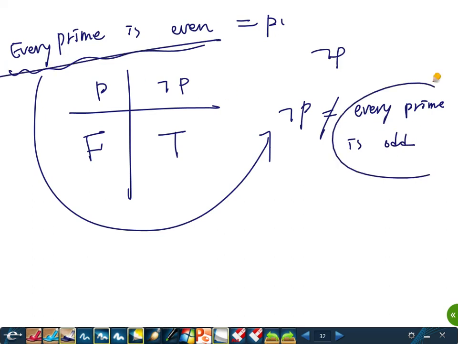This is false, and that is also false, but it's okay because it's not the negation of P. The negation of P is: not every prime is even. In other words, there is some prime number which is odd. It doesn't say that every prime is odd.